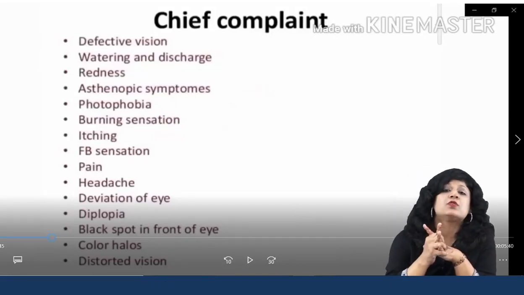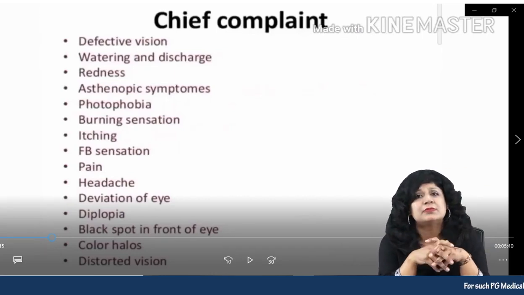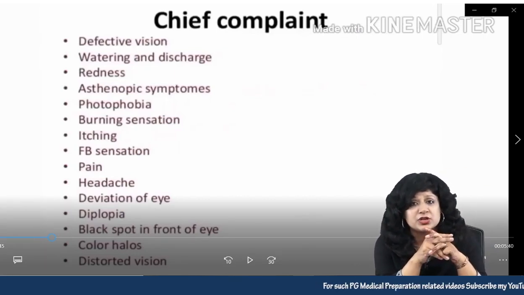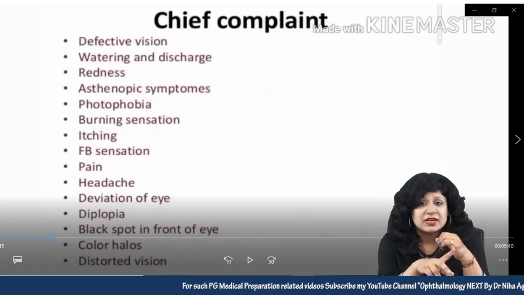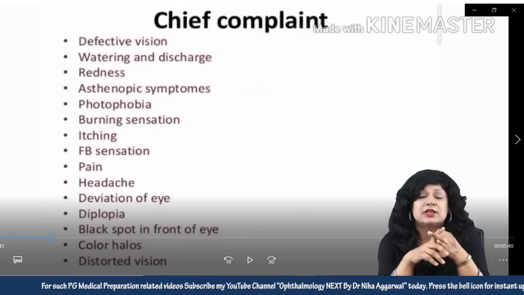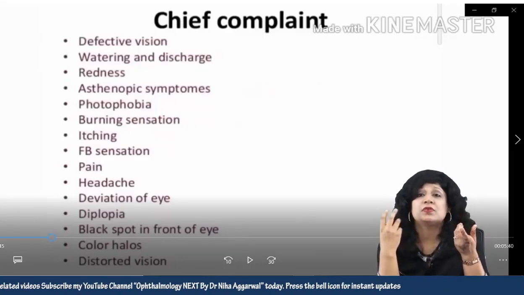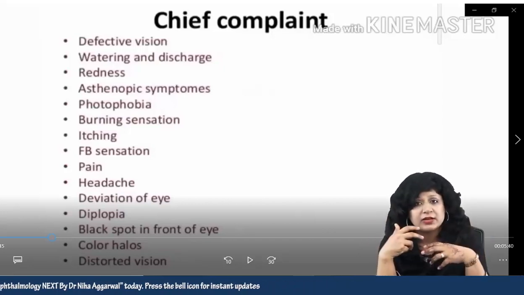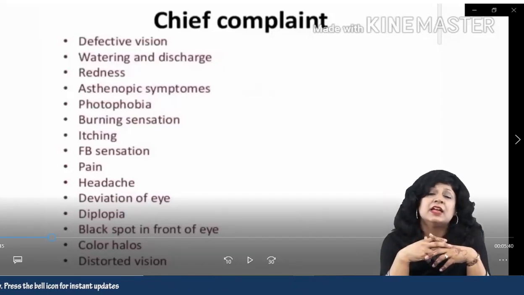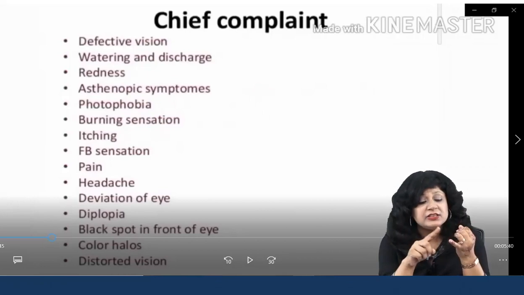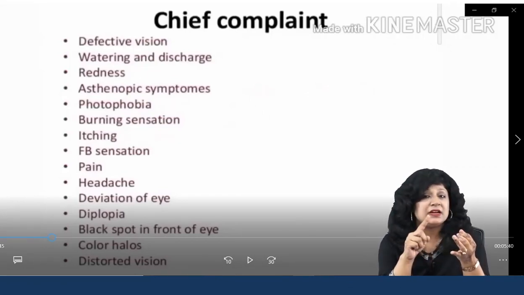Then next we can go for the burning sensation. Now if there is something which is related with allergy, always we will have itching, we will have a burning sensation, there could be a foreign body sensation, there could be grittiness, there could actually be a foreign body which has gone inside the eye. It may be pain. Now either it can be a true pain or it can be a discomfort.